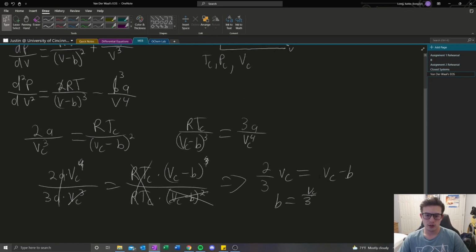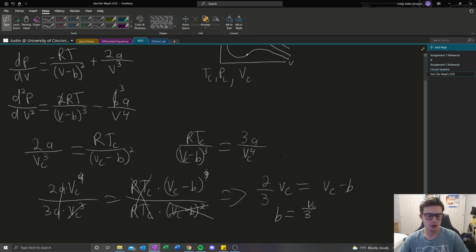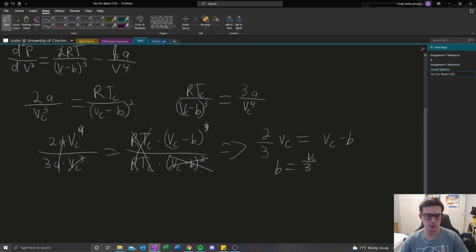Alright, so now that we solved for B, we can just go ahead and plug it back into this first derivative here and solve for A pretty easily. So we're going to go ahead and get 2A over VC cubed, set that equal to R, critical temperature, and then the critical volume minus the critical volume over 3, and all of that is squared.